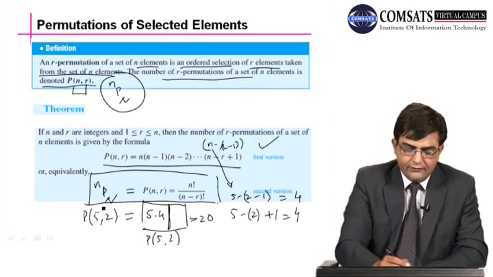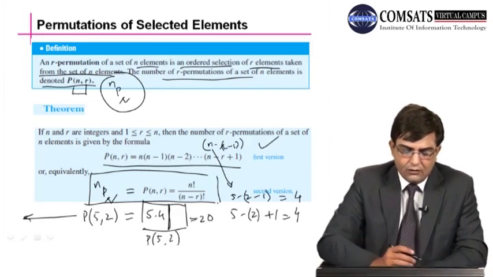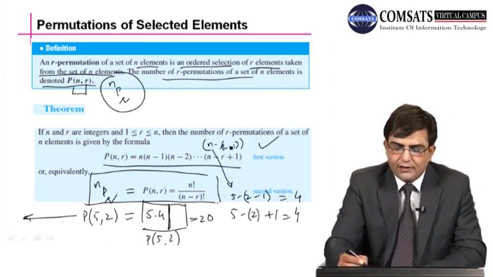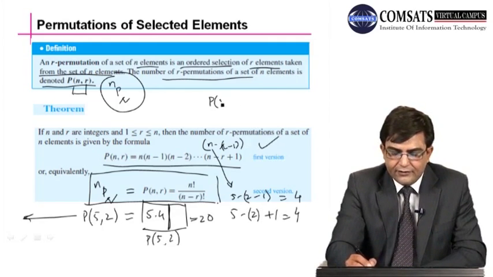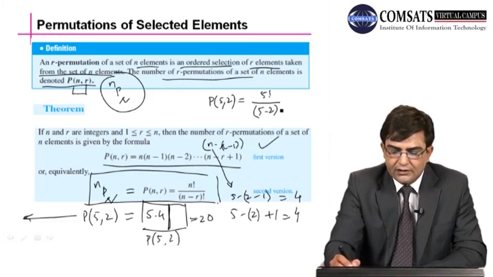For example, if we have to calculate the same P(5, 2) by using this formula, then this will be 5 factorial over 5 minus 2 whole factorial. This is basically 5 factorial.